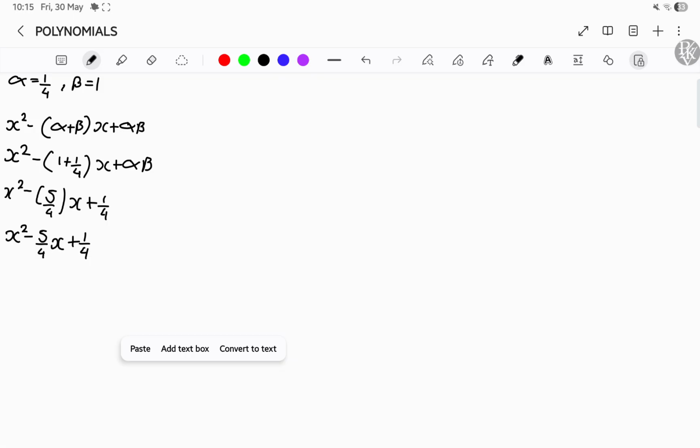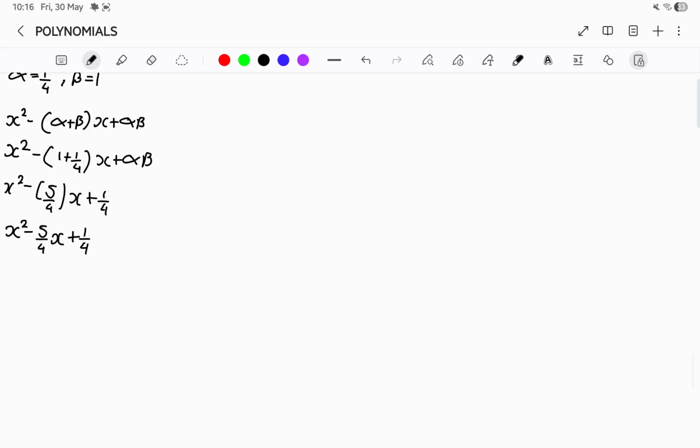Now don't write equal to 0. Okay, we are asked to find the polynomial, so do not write equal to 0. Now it is completely fine if you leave it like this.